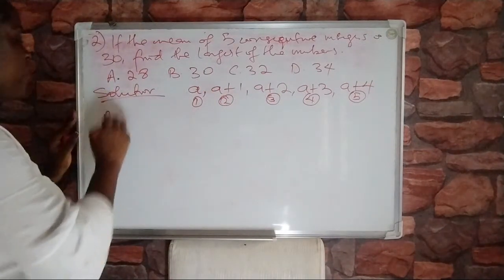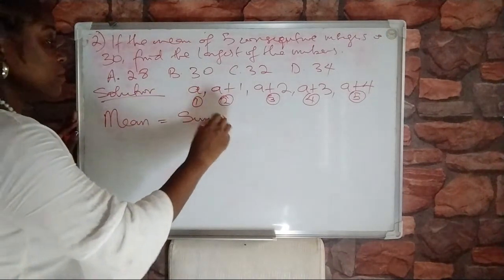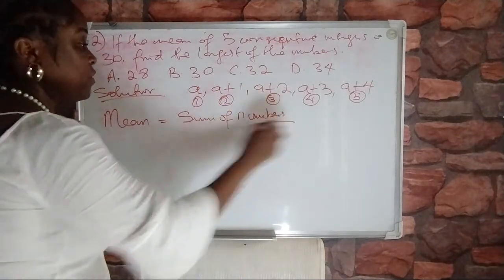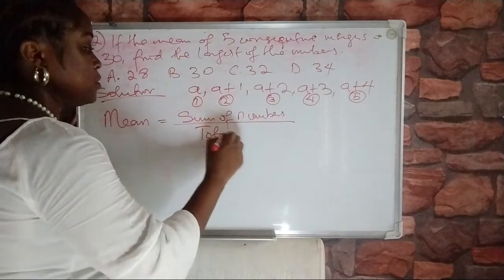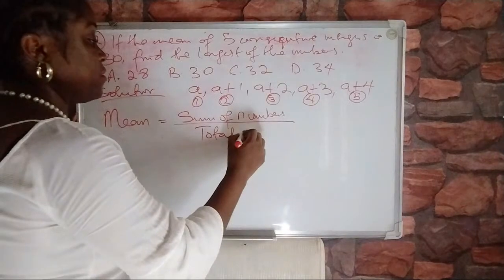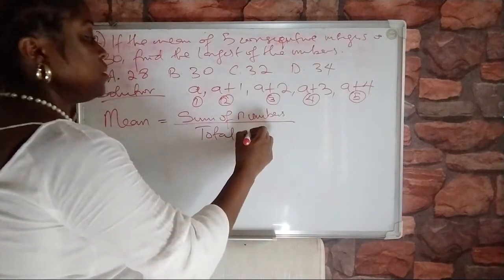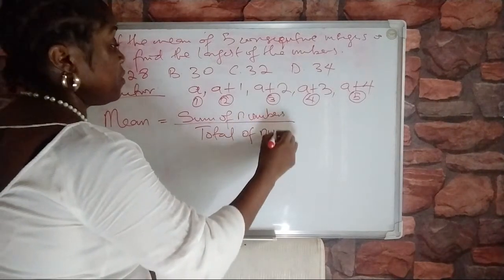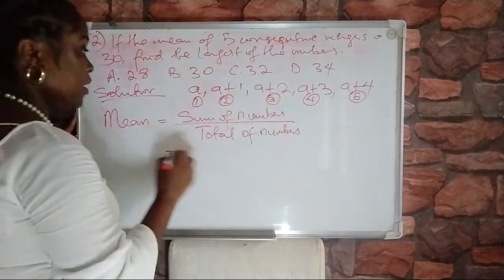Remember, the mean of a set of numbers is the sum of all the numbers in question over the total number of them.